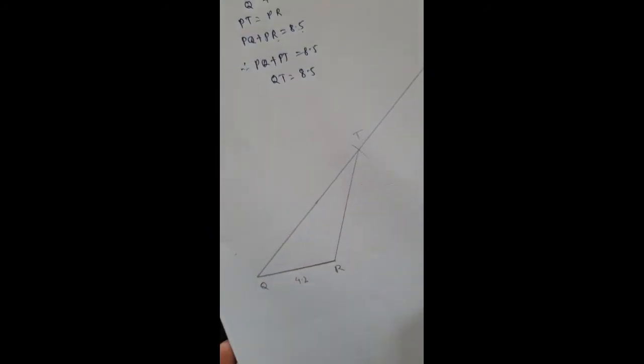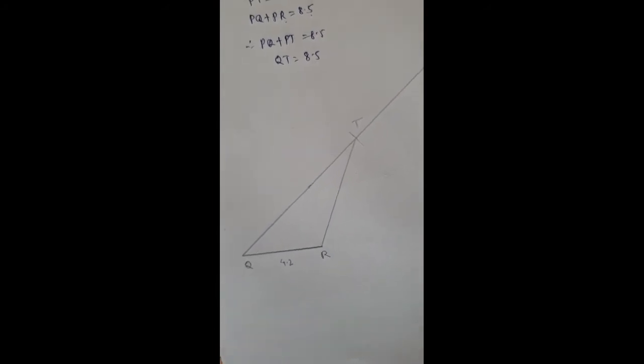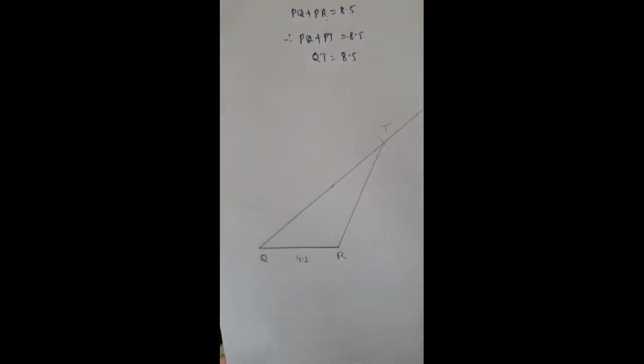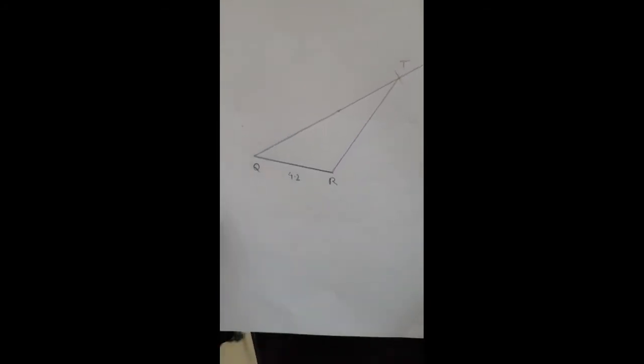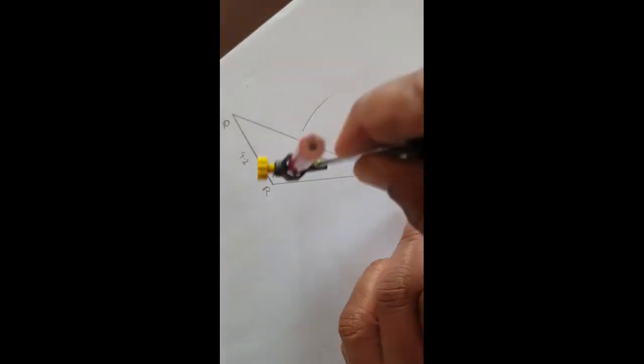Now you need to draw the perpendicular bisector of RT. Since the segment RT is in an inclined, slanting position, you can turn your page and make it just like a horizontal line. Now it will be an easier task for you if you take more than half of RT, draw arcs on both sides of RT.